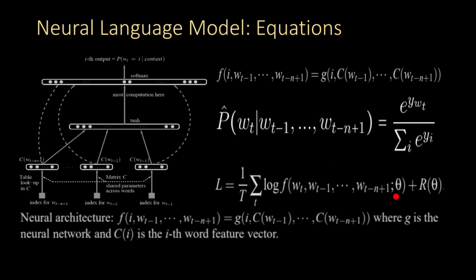Basically, we're searching for the optimal parameter set theta that maximizes the training corpus penalized log likelihood. Again, we're maximizing the probability of the training corpus here. We have a weight decay penalty term here.